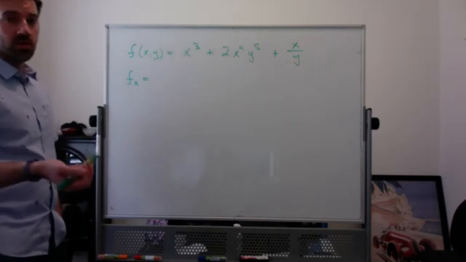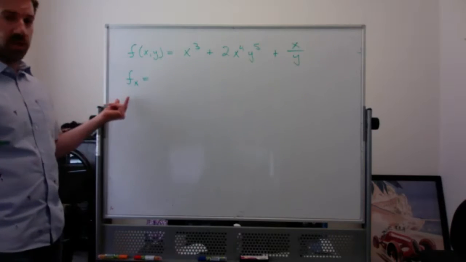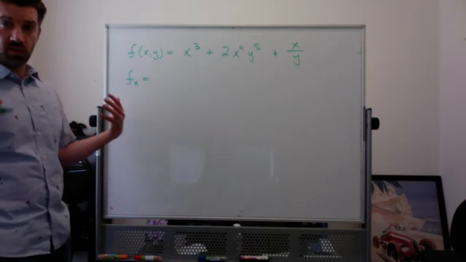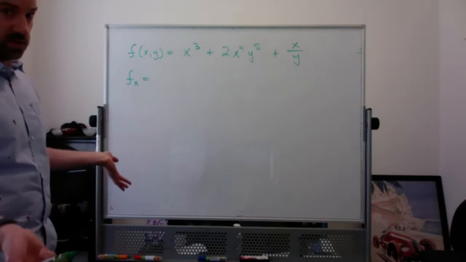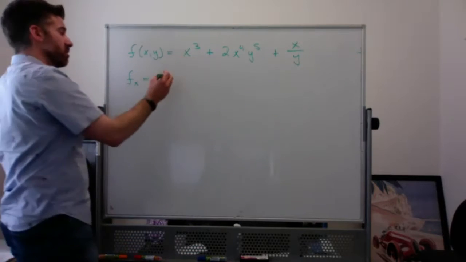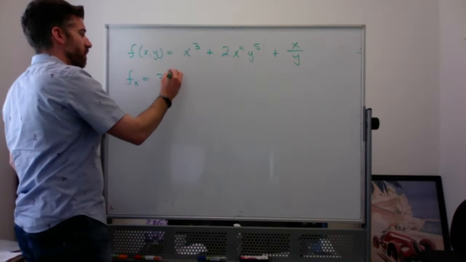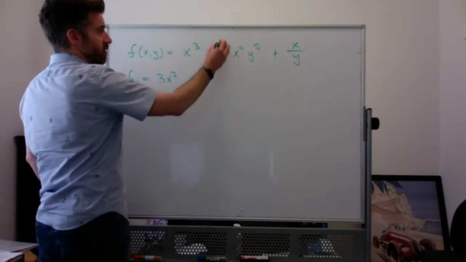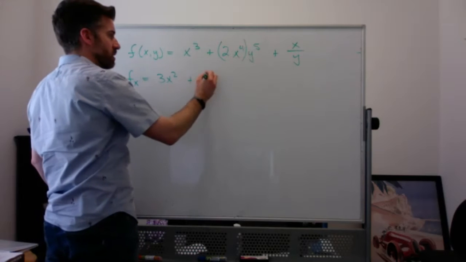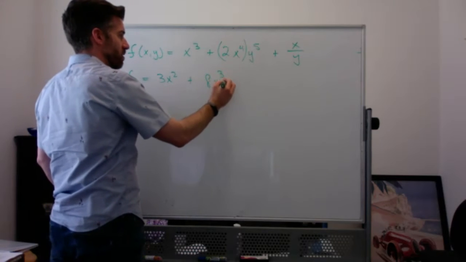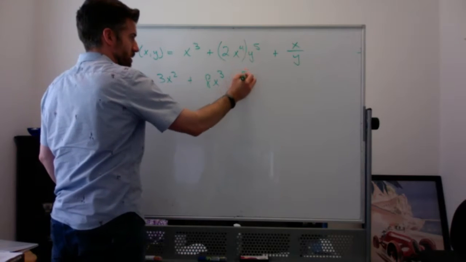I'll remind you, when we're finding the partial in the x direction, we're keeping y constant, so we're treating it like a constant, and its derivative acts like the derivative of a constant. So the derivative of x cubed is 3x squared. The derivative of 2x to the fourth times this constant is just 8x cubed times that constant.